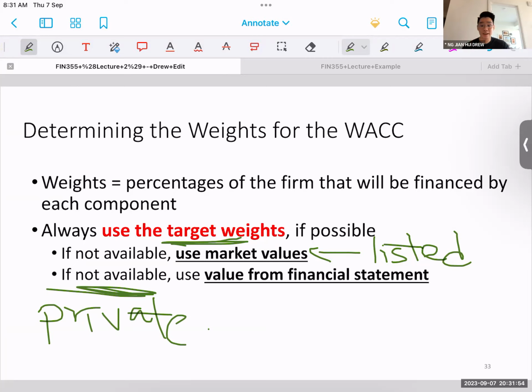But this is only for private companies. So please do not use the financial statement numbers if you know that it's a public company, because immediately if you do that, your valuation is wrong already. Even if you calculate your WACC, everything very well, unfortunately, it's not correct, okay?